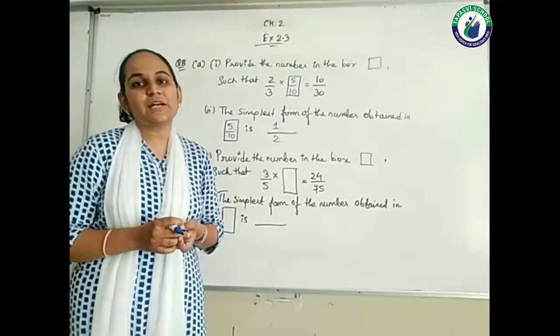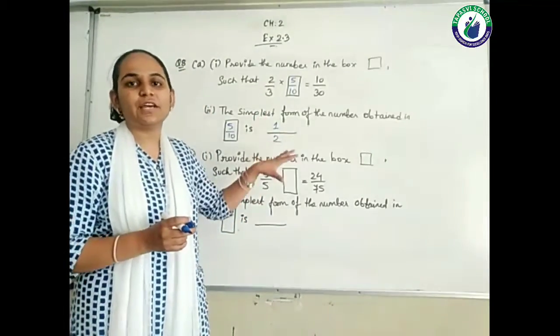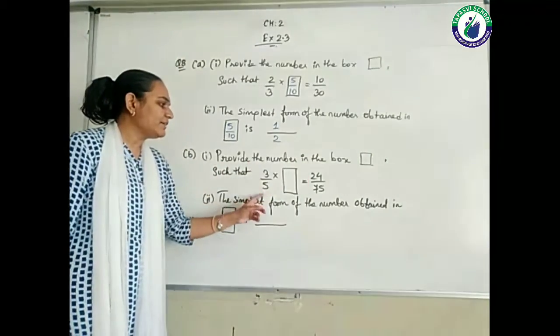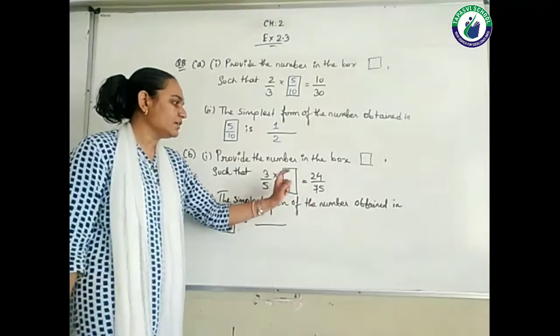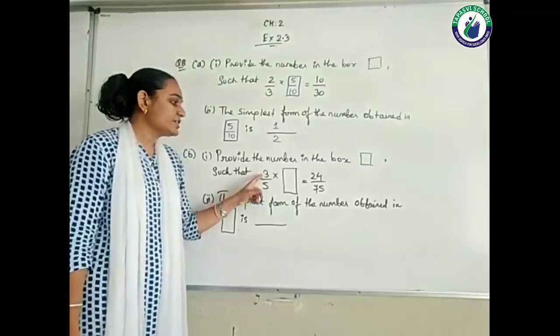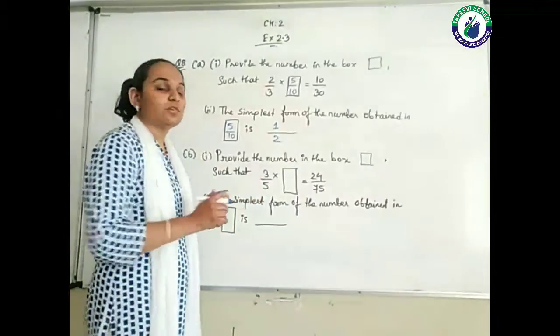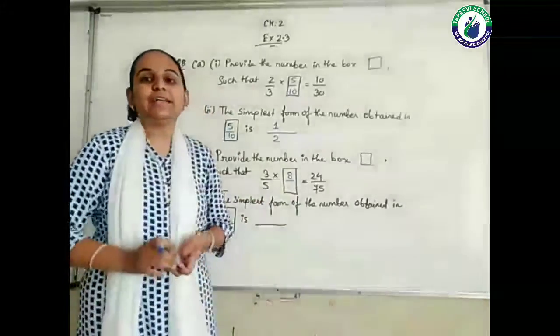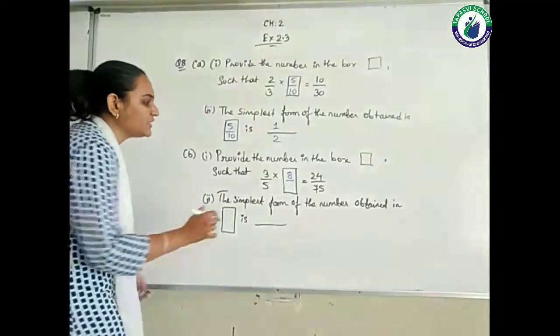Is it okay students? Now based on this only we have one more question. Provide the number in the box such that 3 by 5 multiplied by this particular fraction becomes 24 by 75. So which number, students, multiplies with 3 to get 24? That is 8. Which number do I multiply with 5 to get 75, students? That is 15.